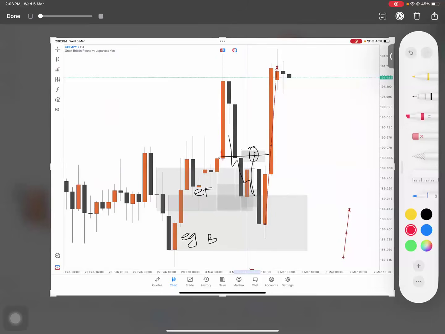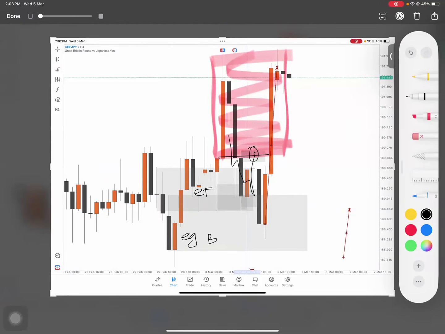Price got stuck on this EG sell. After it got stuck on this EG sell, price melted down, came back and got this EG buy. So the whole perfect structure will be this one. See? The bigger structure, the clearer structure, the more side-by-side structure, 50%. After price gives me 50%, what happened?